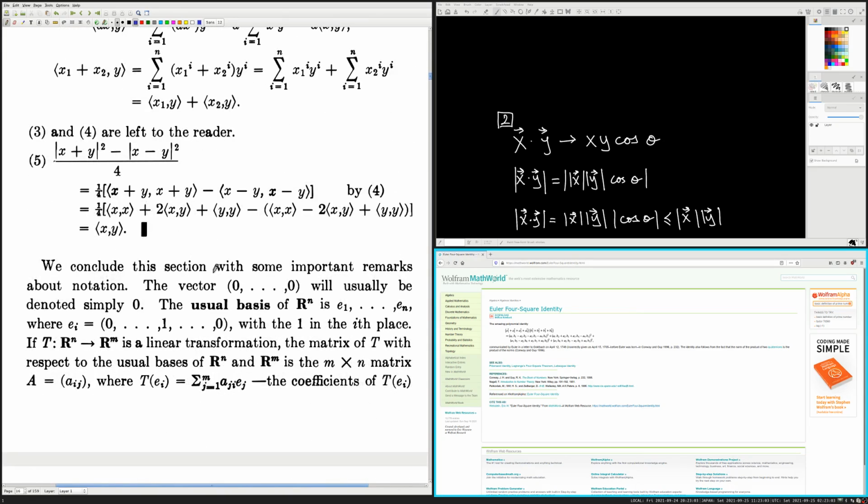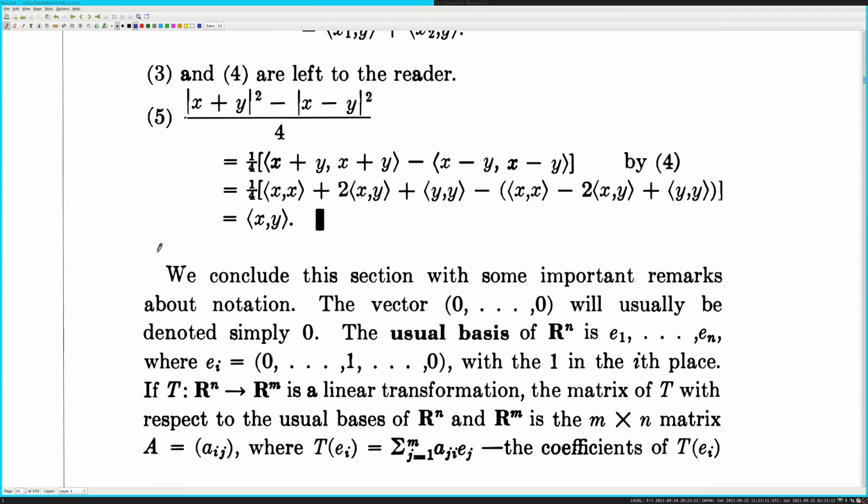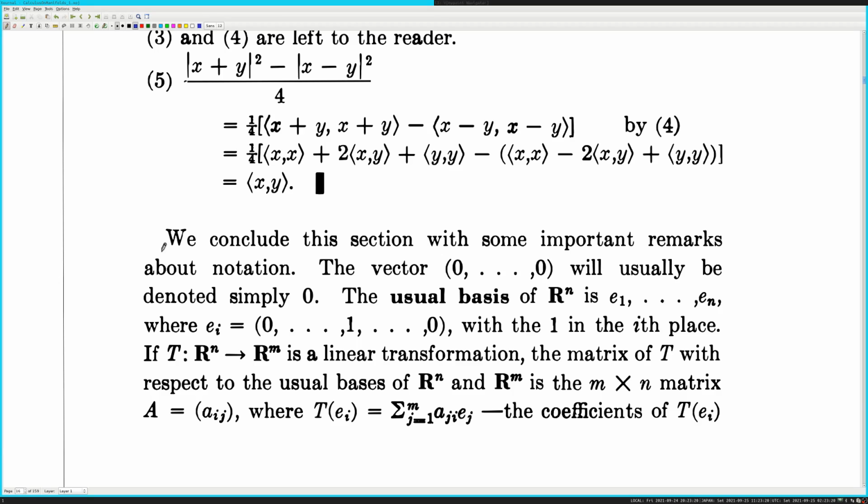Anyway, makes sense. We conclude this section with some important remarks about notation. The vector 0 will be denoted simply 0. The usual basis of Rn is that, right? If T is a linear transformation, the matrix of T is the m by n.